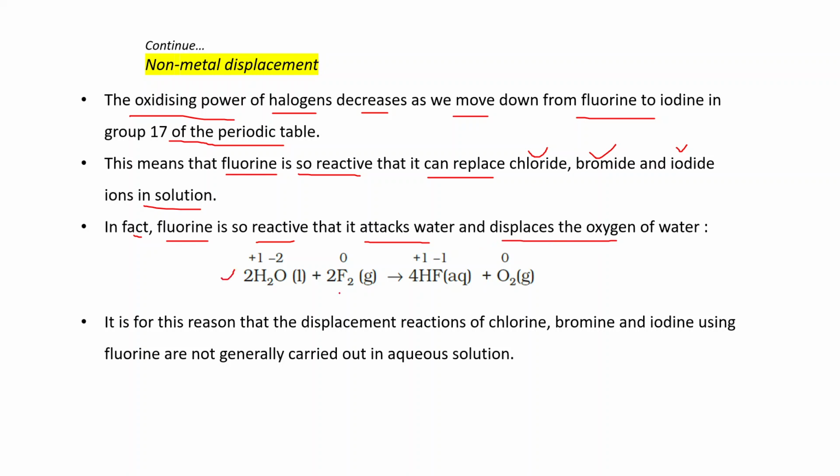H2O when reacting with F2 will form HF and O2. This oxygen is obtained from water when water reacts with fluorine. It is for this reason that displacement reactions of chlorine, bromine and iodine using fluorine are not generally carried out in aqueous solution.